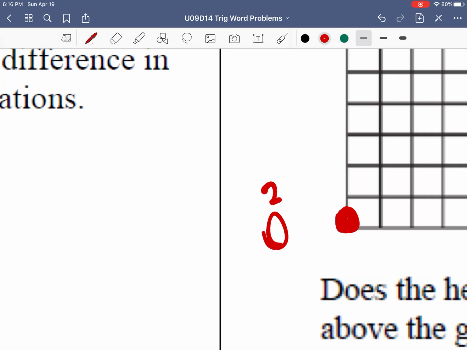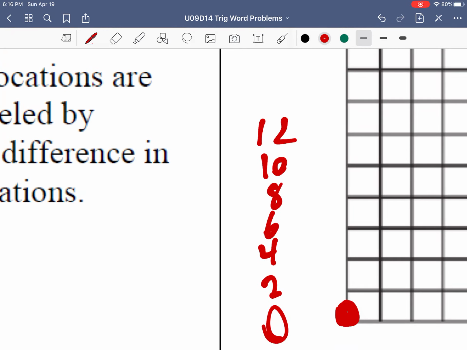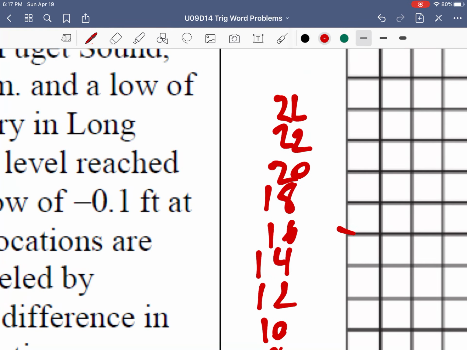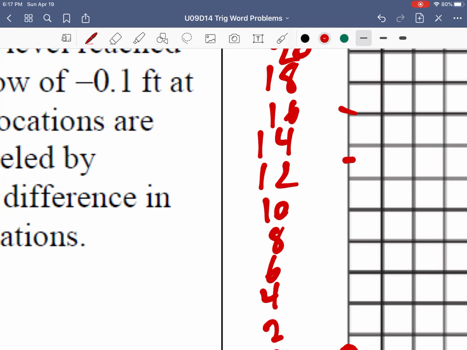So that'd be 2, 4, 6, 8, 10, 12, 14, 16, put a mark here for 16 to not lose my place, 18, 20, 22, 24, and 26. So the midline is at 13, which is here, should be. That's 16, that's 14, 12. Okay, so this is the midline.